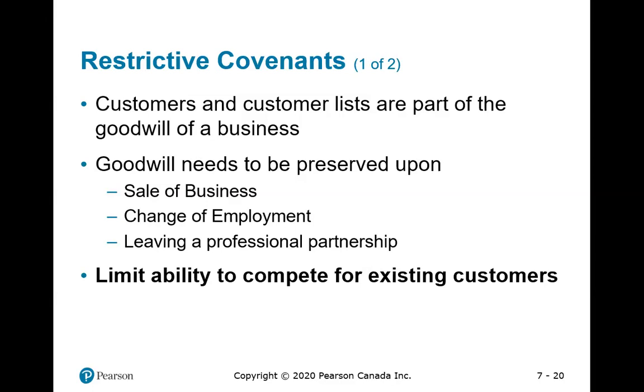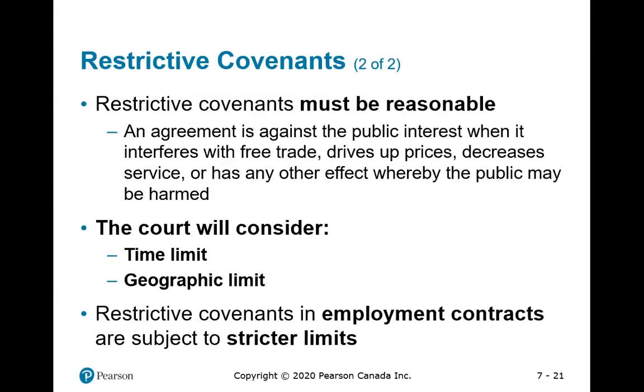So are those restrictions allowed? Yes, they are. They are under restrictive covenants. So I am limiting your ability to either compete, solicit, or disclose confidential information. And again, they are possible when the time limit and the geographic limit are reasonable.